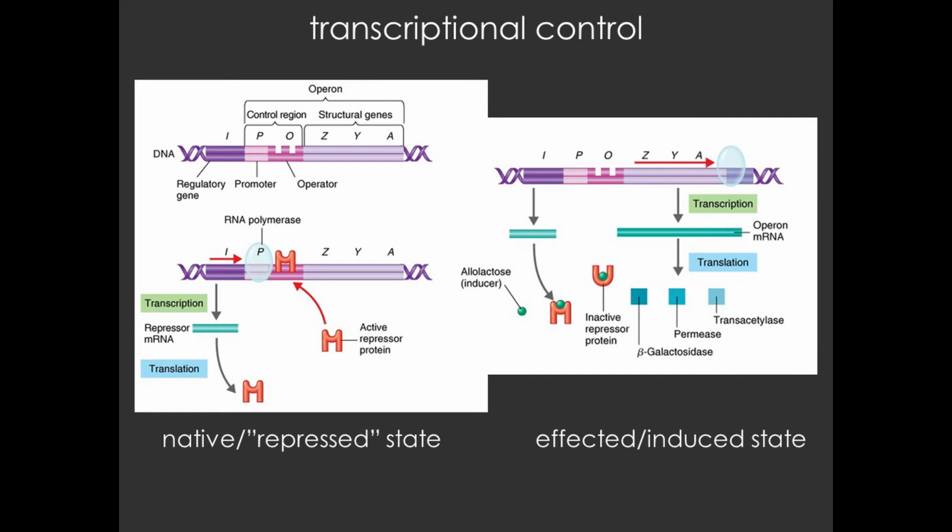In its native state, the regulatory gene is always transcribed and translated into a protein, and that protein is in the on position, meaning that it can do its job. Its job is to bind to the operator region and block the transcription of the structural genes.